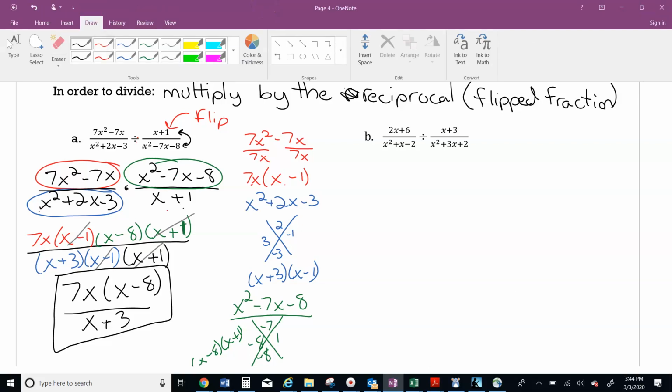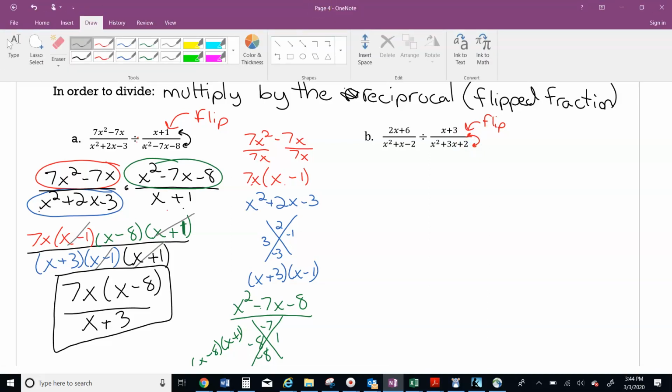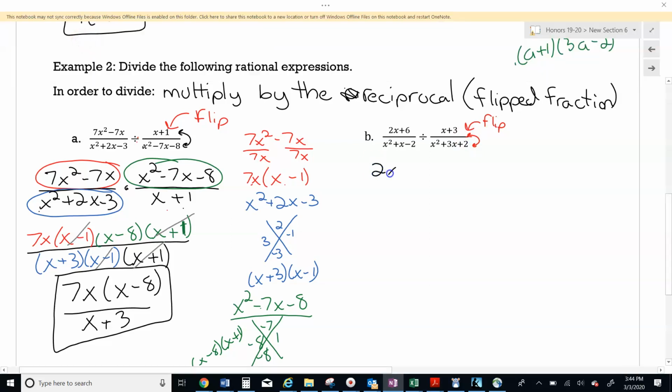Last one, again, you flip this one and only the second one. So we have 2x plus 6 over x squared plus x minus 2 times x squared plus 3x plus 2 over x plus 3.